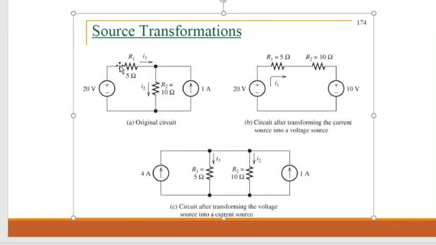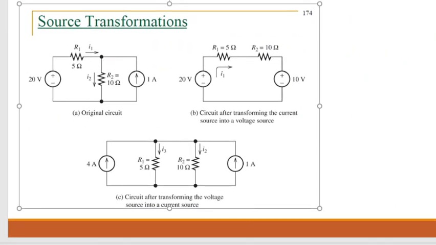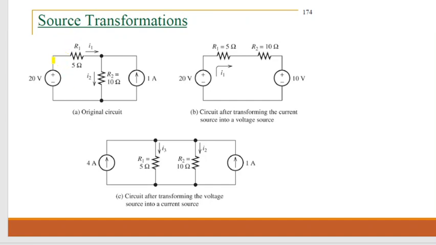Now in the same circuit, we are converting this voltage source into a current source. First of all, tell me, can we convert this voltage source into a current source? Draw the diagram on your own and then tell me how we'll draw it.